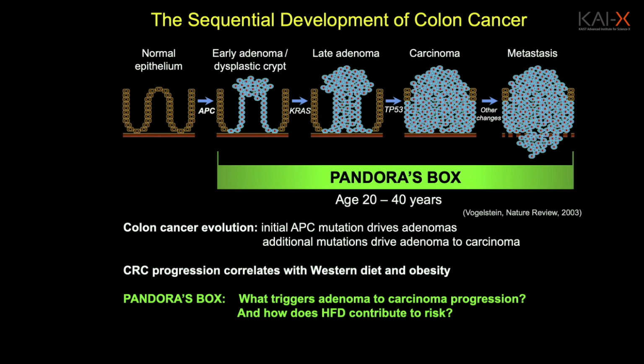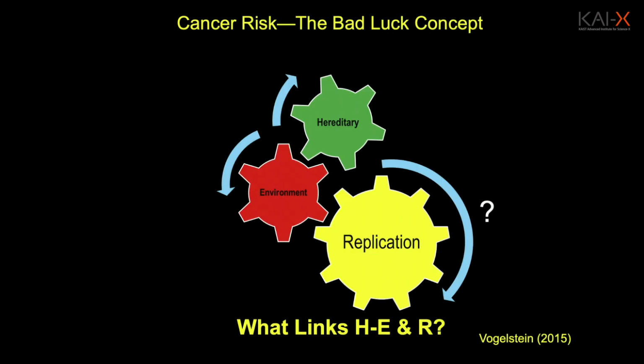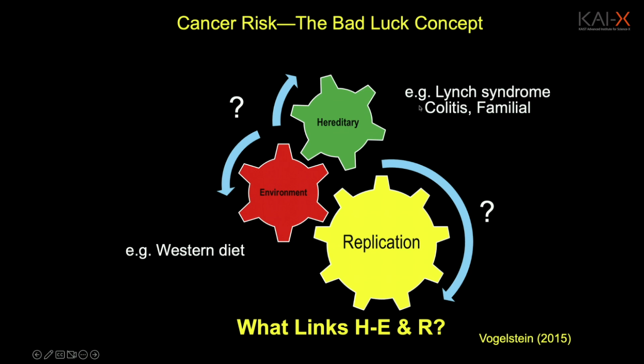And so what is actually inside the disease mechanism? So just to illustrate this in a simple way, if we look at these cogs that are interacting with each other, there's a hereditary cog, and that's if you have something like Lynch syndrome, something in your family, your risk is higher, and that begins to put pressure on growth.